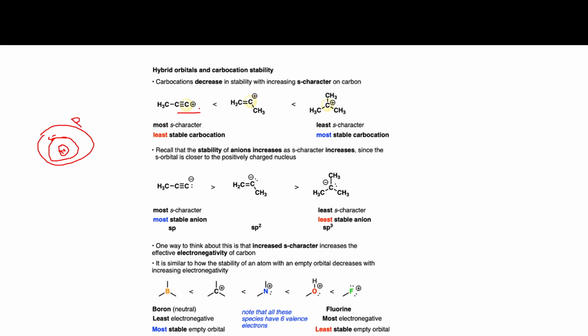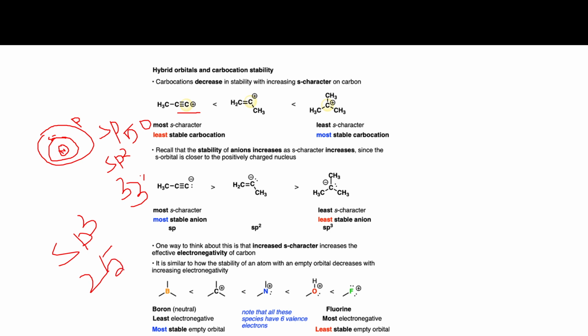So when we have more s character, like an sp orbital, we have 50% s character; sp2 has 33% s character, and sp3 has 25% s character.